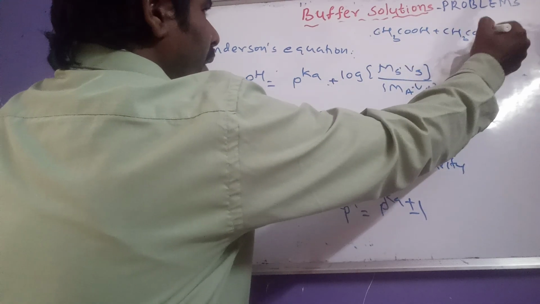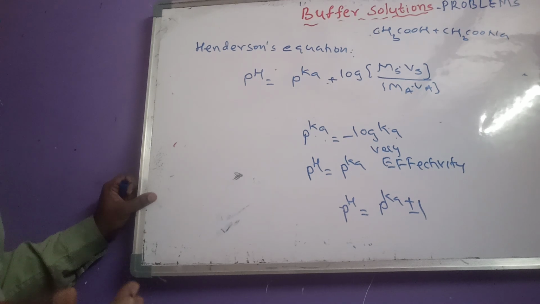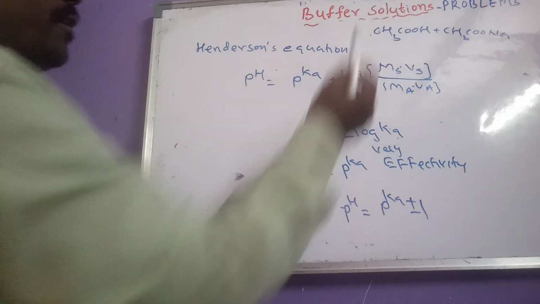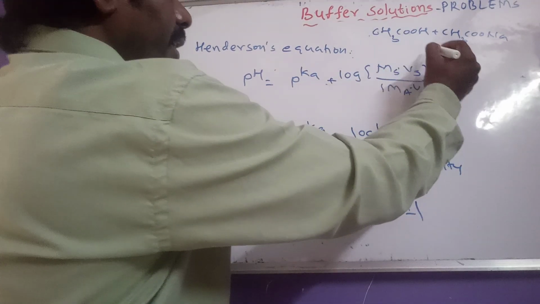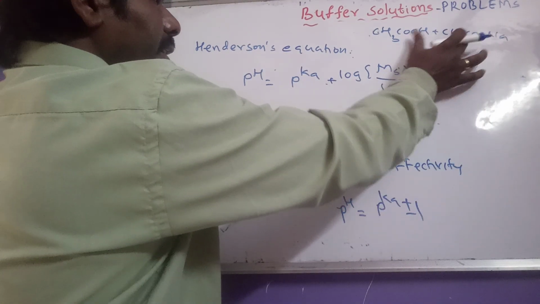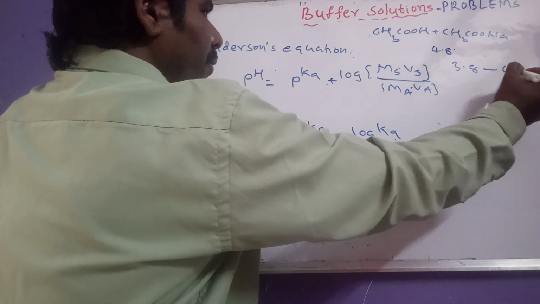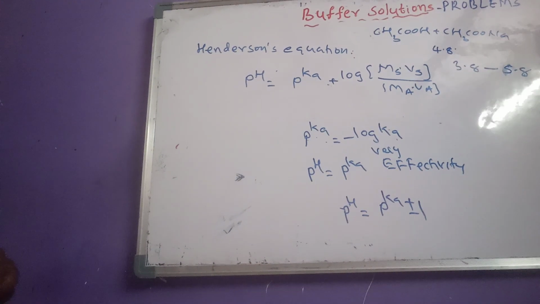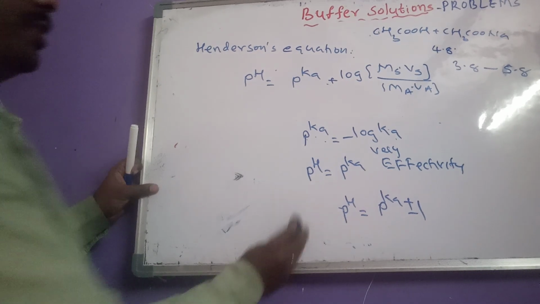To know the range, we have to know the pKa value of acetic acid. If the pKa of acetic acid is 4.8, then the acetate buffer works effectively in the pH range of 3.8 to 5.8.